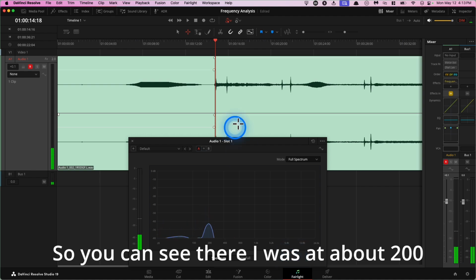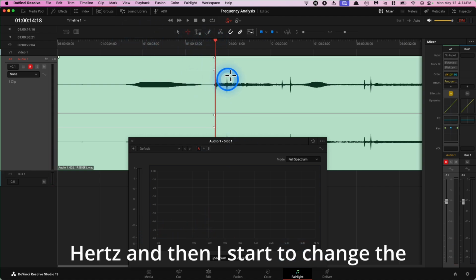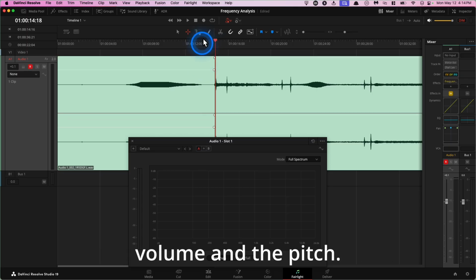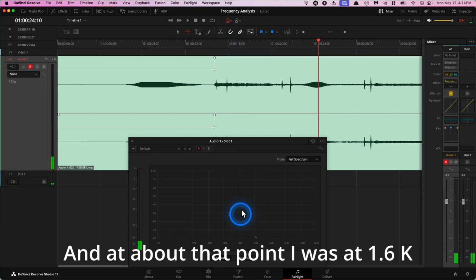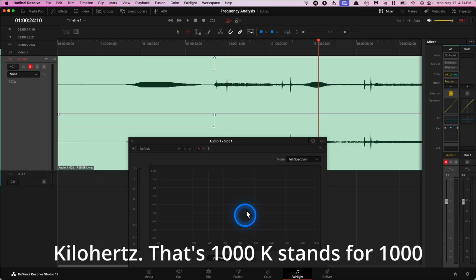Just another way to look at it, another way to help you understand conceptually what they are. So you can see there I was at about 200 hertz, and then I start to change the volume and the pitch. And at about that point I was at 1.6K kilohertz. So that's 1000. K stands for 1000 hertz.